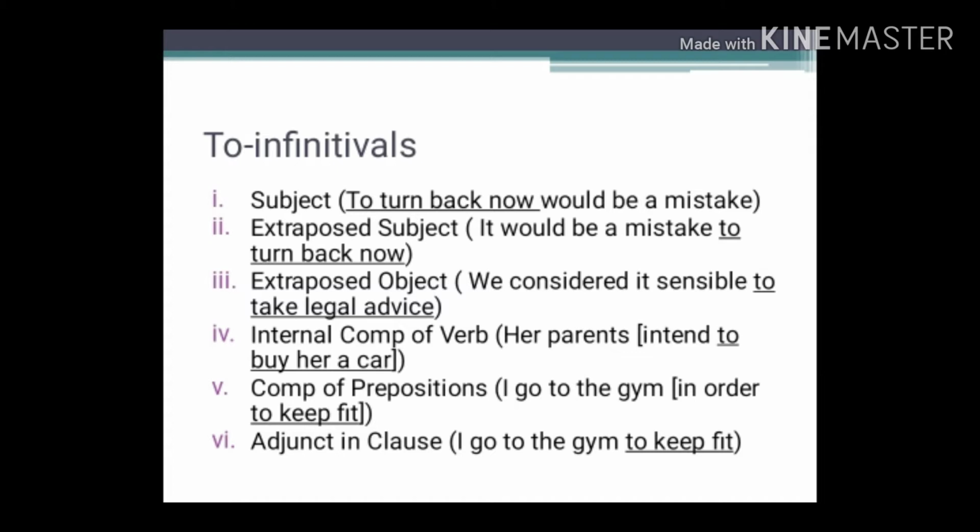And in this sentence, it would be a mistake to turn back now, the underlined to turn back now is the extraposed subject. To turn back now refers to it, the subject. The third is extraposed object. The example is, we considered it sensible to take legal advice. To take legal advice is underlined here, and to take legal advice refers to it, the object of the sentence.